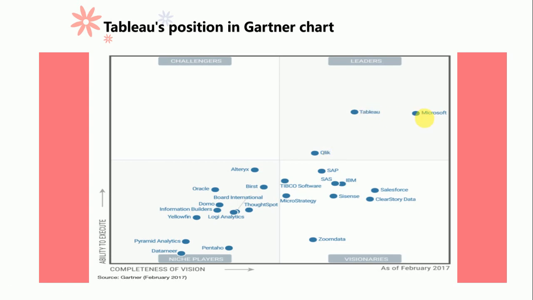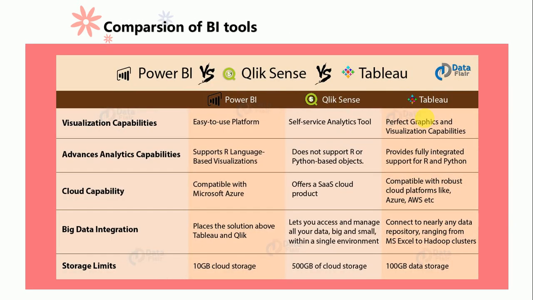That is why I thought of finding some comparison between them so that you can understand it better. So Power BI, QlikView and Tableau are compared over here against the following capabilities: visualization capabilities, advanced analytics capabilities, cloud capability, big data integration and storage limits.